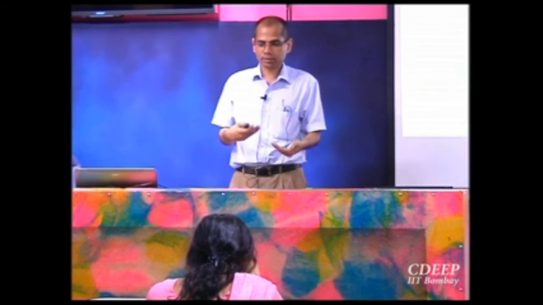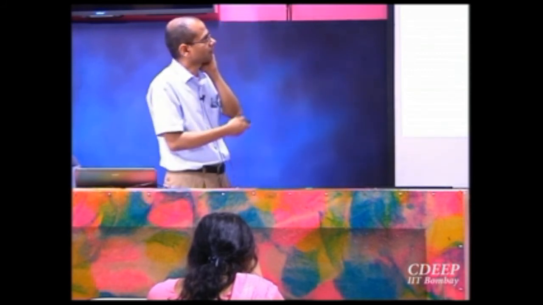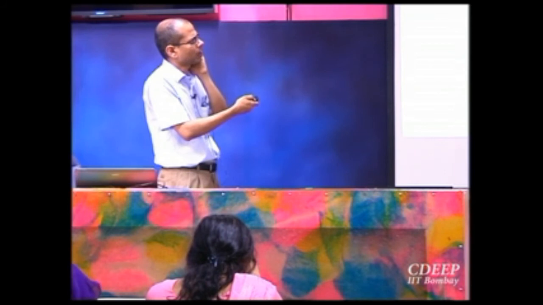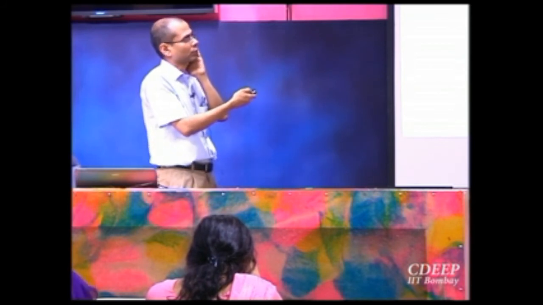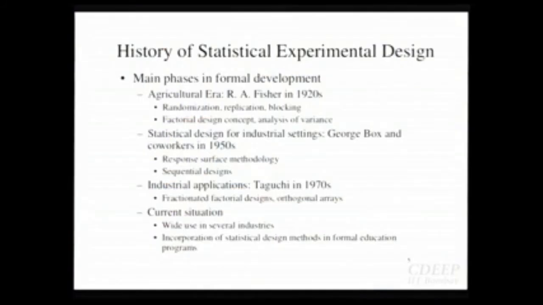Right. So agriculture scientists were very much interested in these ideas, and even now these ideas are heavily followed. If you know any agriculture research scientist, you will see that they rigorously follow these ideas when they do experiments. So Fisher was an agriculture scientist. He introduced some of these concepts of factorial design, analysis of variance and so on.